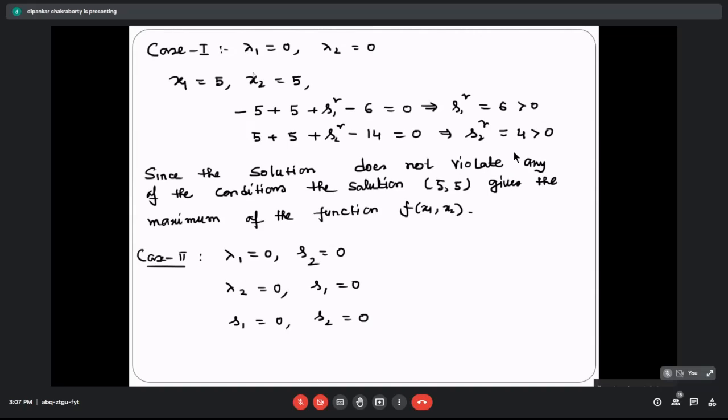What is the interpretation of lambda 1 equal to 0 and lambda 2 equal to 0?